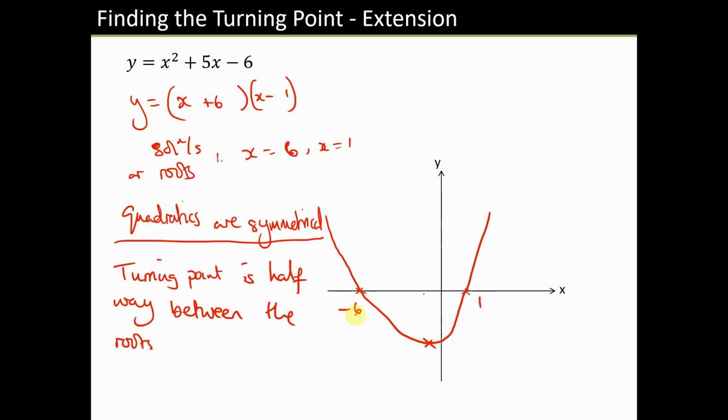So this will be exactly halfway, in this case, between minus 6 and 1. Well, what is bang in the middle of minus 6 and 1? We can add them together and divide by 2 if we want to do that. And that gets me minus 2.5. We can check, well, to get from 6 to 2.5 is 3.5 going this way, and that's 3.5 going that way. So we know the x coordinate of this is going to be minus 2.5.